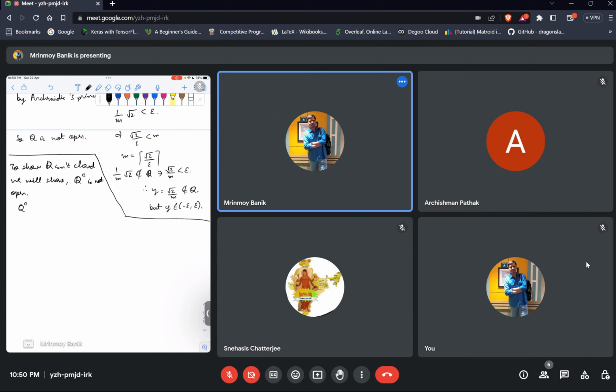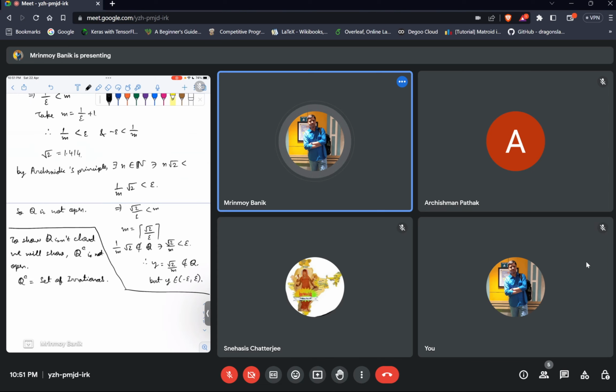So what is the complement? It's difficult to visualize, but Q complement is just the set of irrationals. So why is this not open?